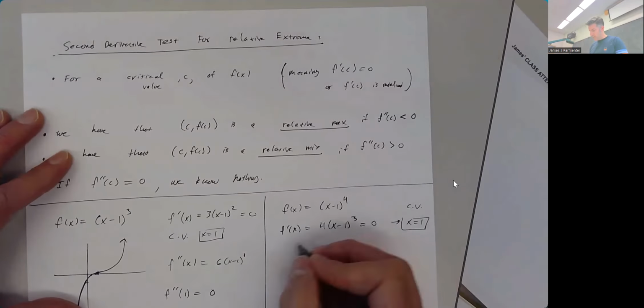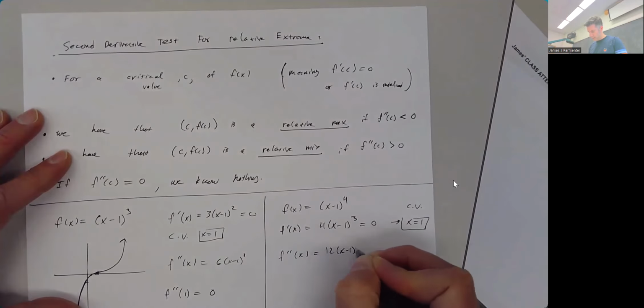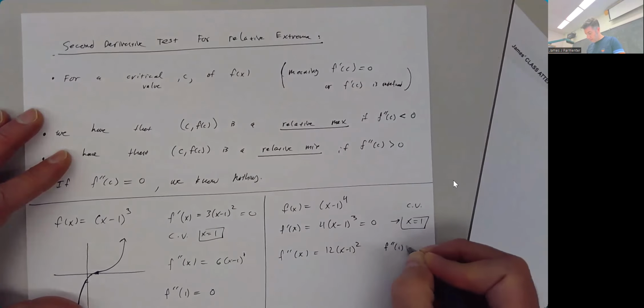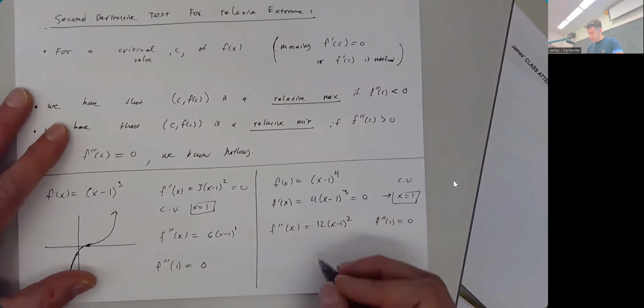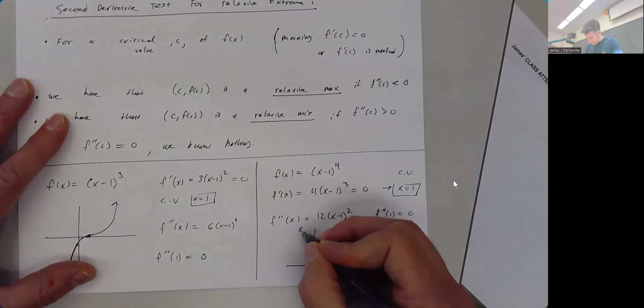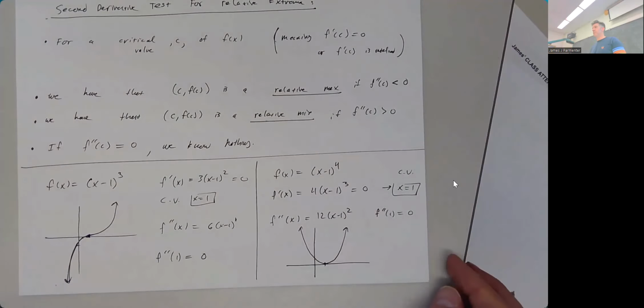But then if you take the second derivative here, that's going to be 12 times x minus 1 to the second. And if you plug in 1, f double prime of 1 is also 0. But for this graph, x minus 1 to the fourth looks like this. So it's a little steeper than that, but you know.